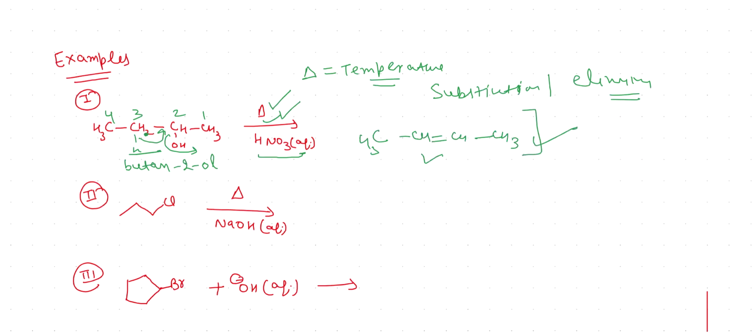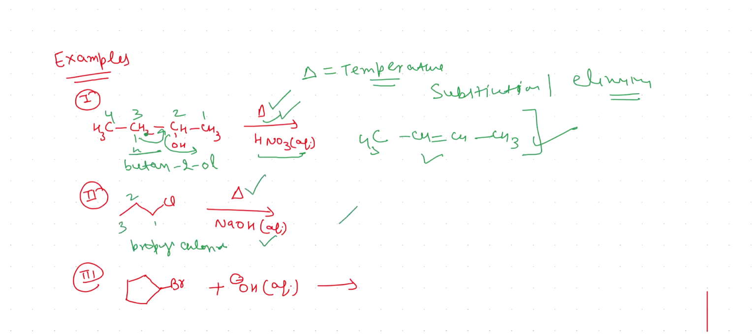The second one is 1, 2, 3, propyl chloride. This reaction was carried out under the condition of temperature, as well as the reagent used being aqueous NaOH. So which is the preferred product in this reaction?